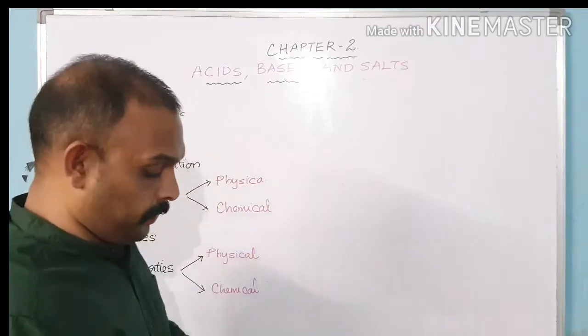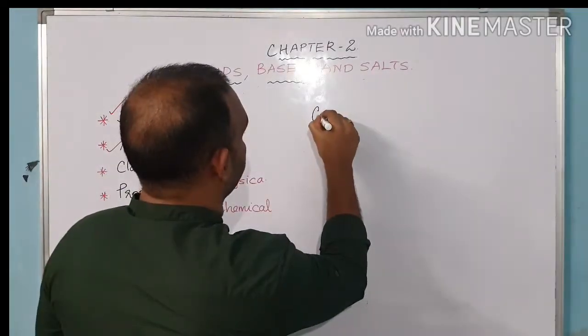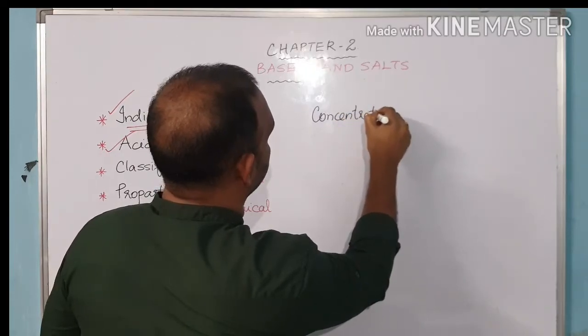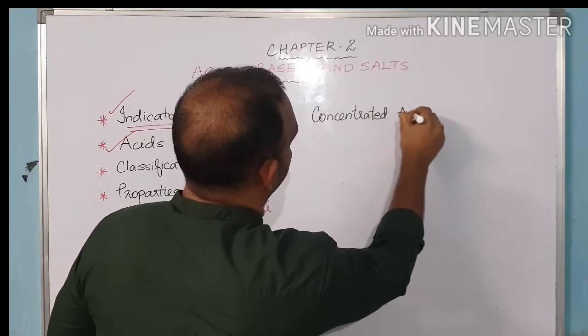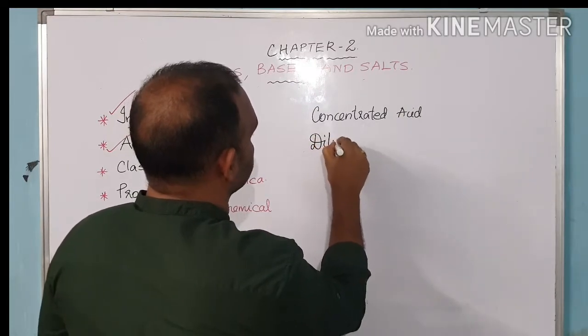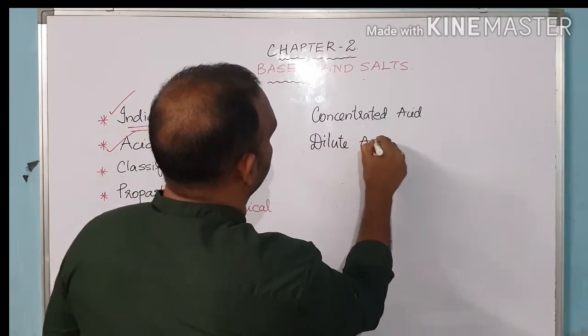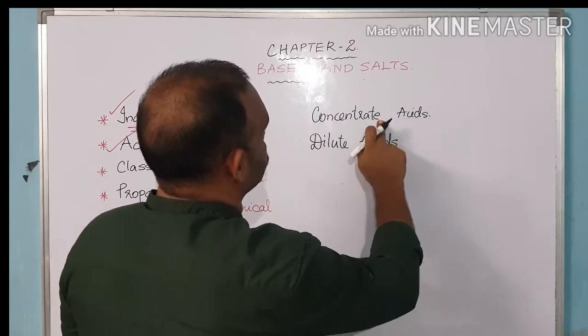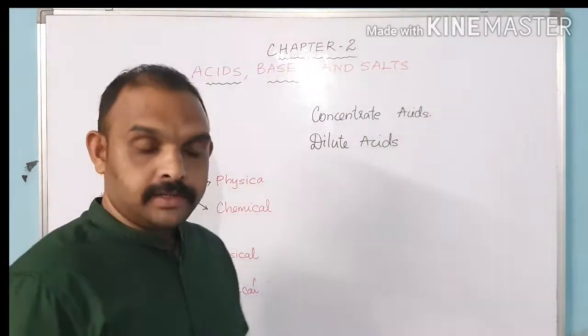The first one is concentrated acid and the next one is dilute acid. Concentrated acids and dilute acids.